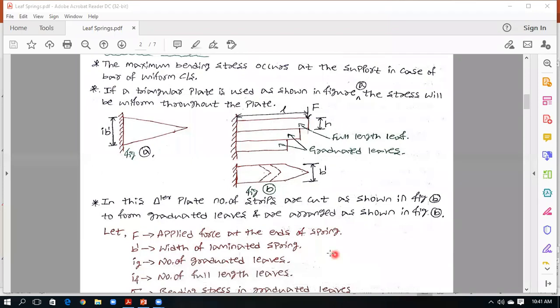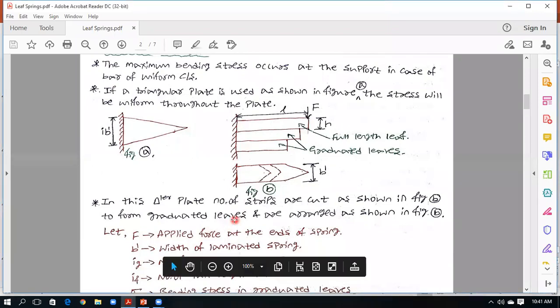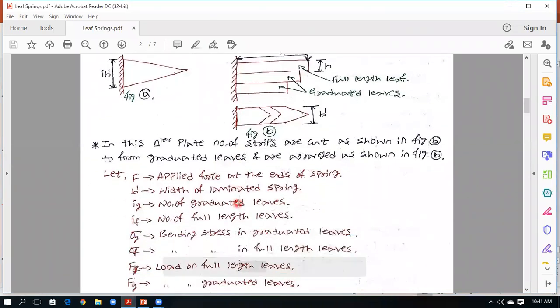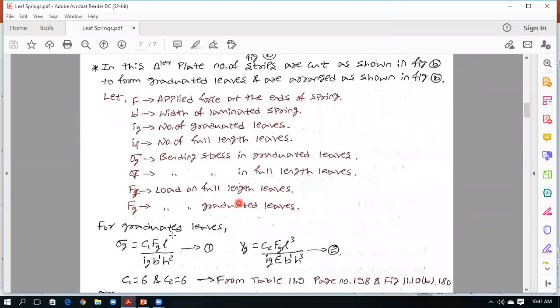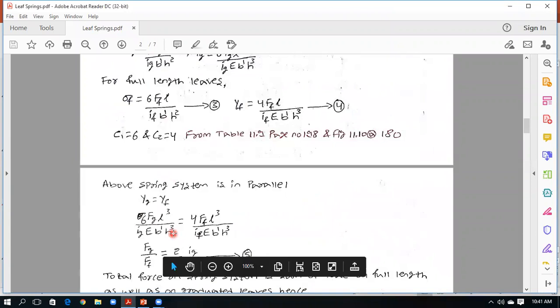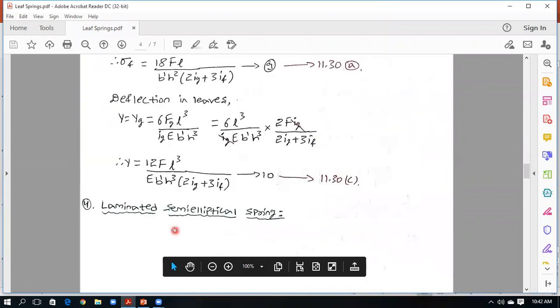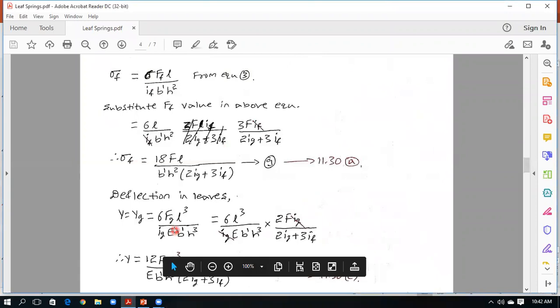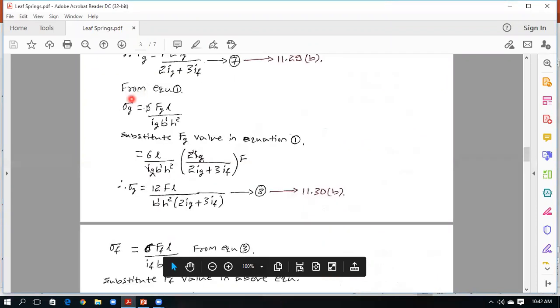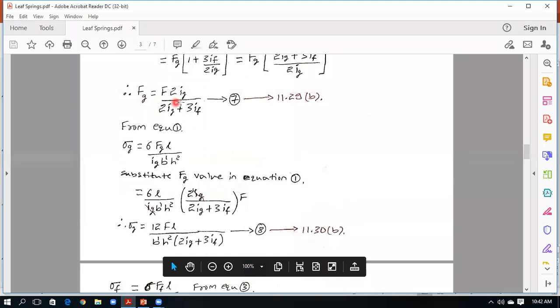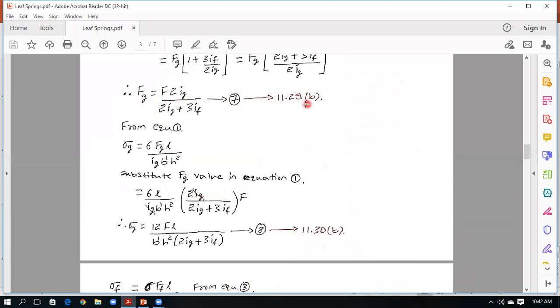Now, sorry, there was a disturbance. Now from equation 1, I'm going to take this equation 1. In this, substitute the value of F_g, which you have taken from 11.29b or equation 7.